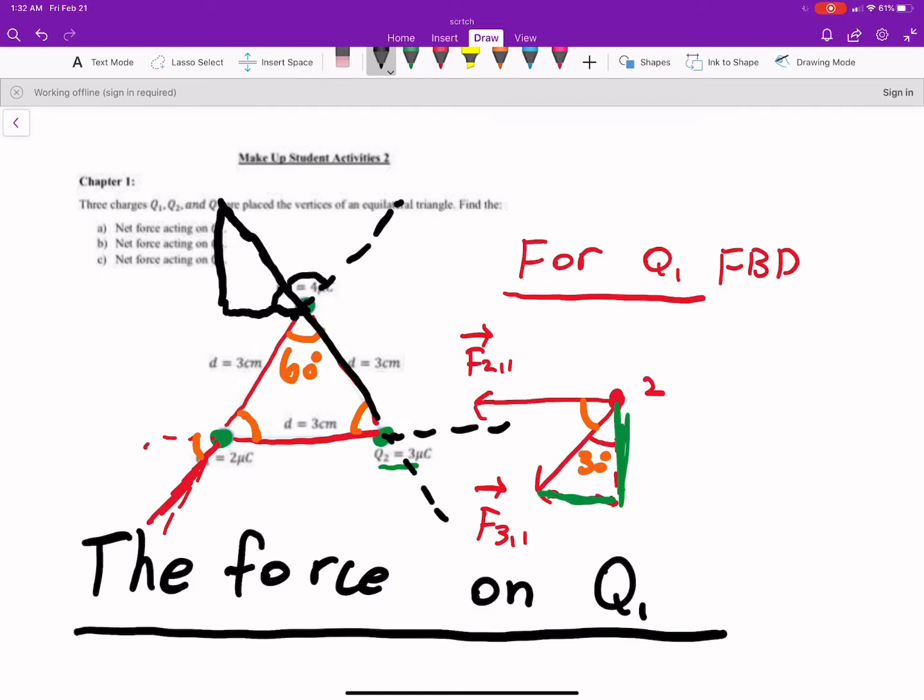This should be what? Looking at it, this is going to go right up the middle. So this is actually going to be the 60. So that means we're going to be working with the 60 degrees. Okay? So that's 60.